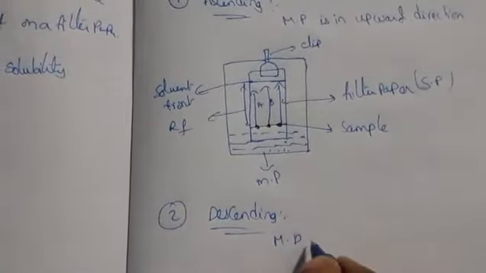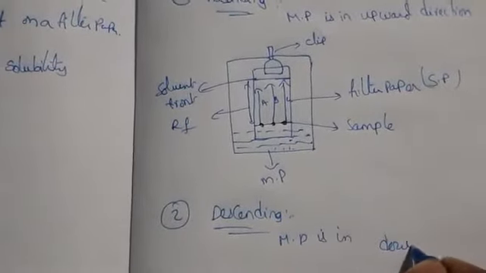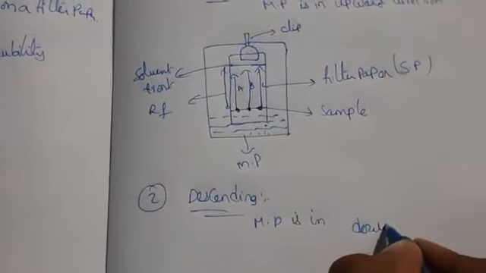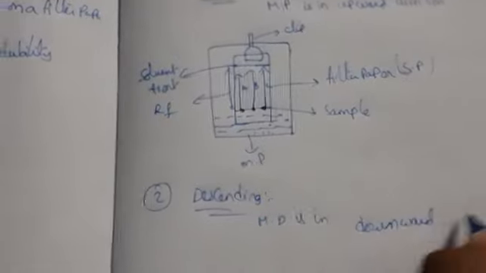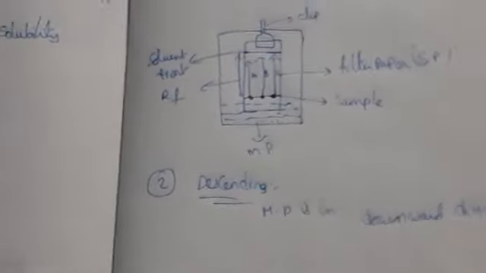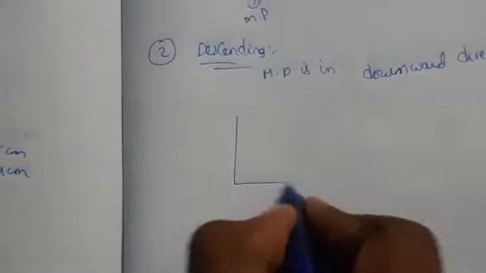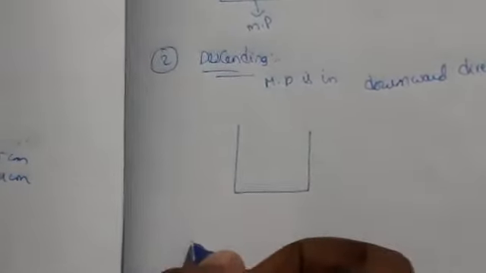In the descending technique, the mobile phase is in a downward direction. If the mobile phase is in a downward direction, we call it the descending technique. In this method, the solvent is kept in a trough. Let us take a container.